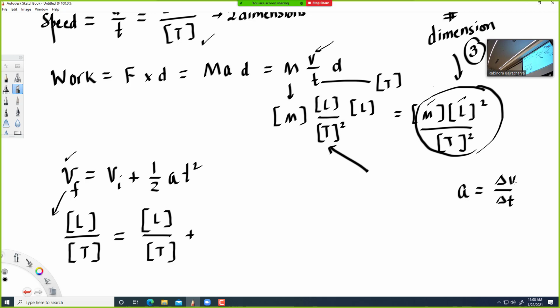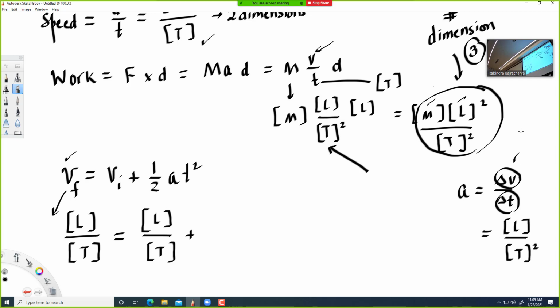We just need to know what dimensions are, or what physical quantities are involved in this. So V is L over T, and then we have another T here, so that means it involves length over time squared. Okay.